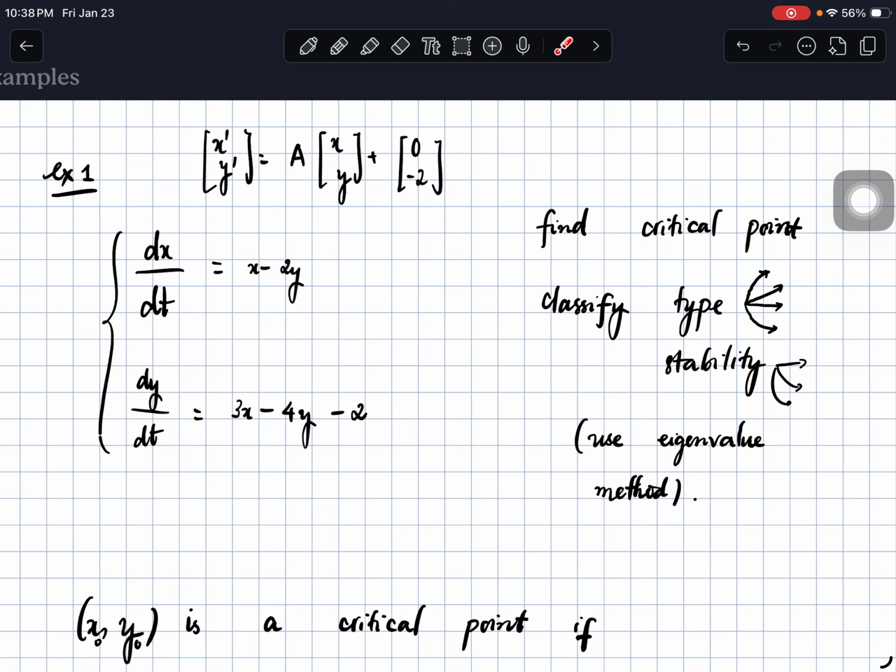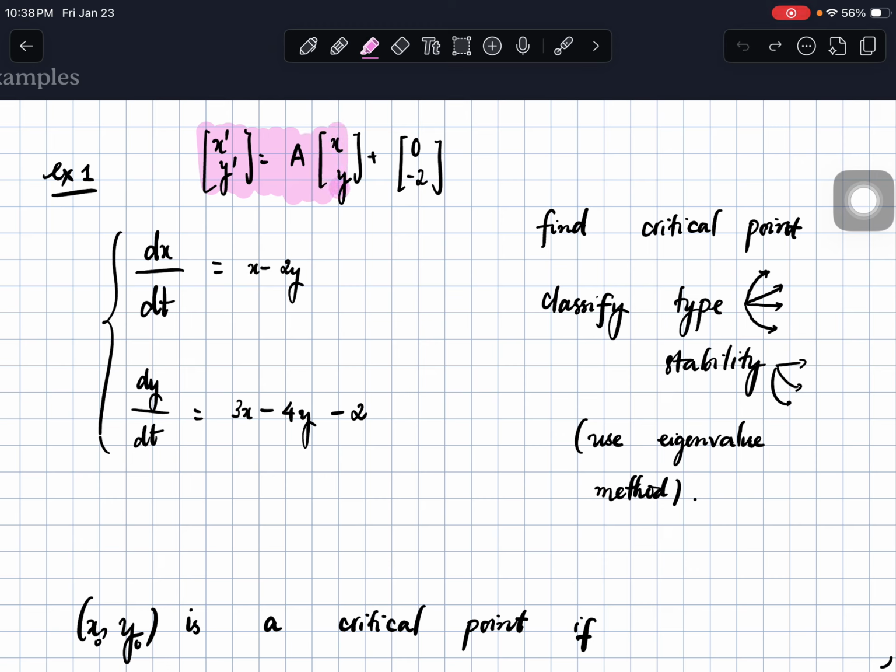In this case, first of all, we know that we have, say, x naught, y naught as a critical point, and by doing the variable change u equal to x minus x naught, v equal to y minus y naught, you can bring this system to the linear system x prime, y prime equal to A times x.